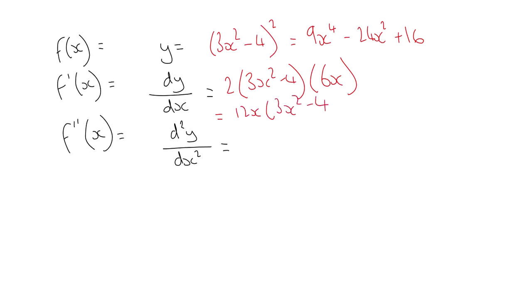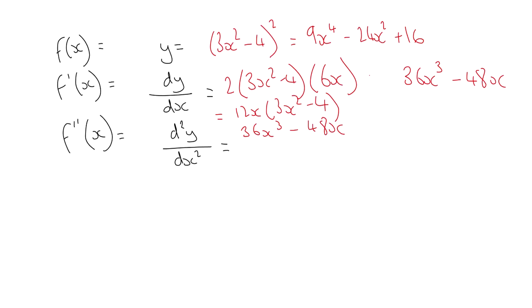And then the derivative of this is 36x cubed minus 48x. See how if I expand these brackets, that's what I get? Because this is an x times a squared. So it doesn't matter which way you do it. You get the same answer each way, okay?